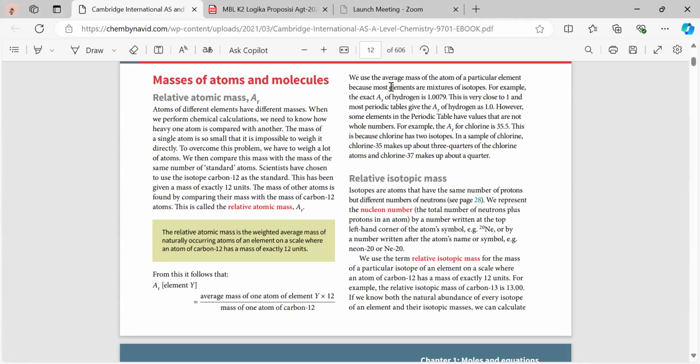There are a few more examples of this kind, but basically they have the same number of protons and a different number of neutrons, and they have different names. The thing you really need to remember about isotopes is that they are atoms that have the same number of protons but different numbers of neutrons.